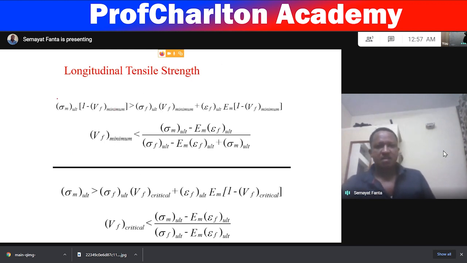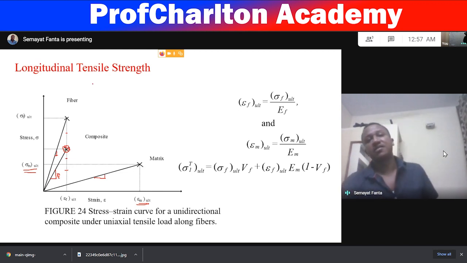So for the longitudinal tensile strains, actually we are finding strains here, not the elastic constants.